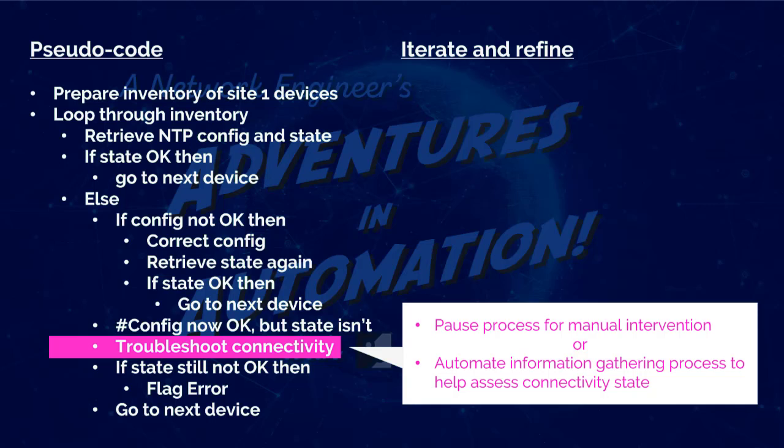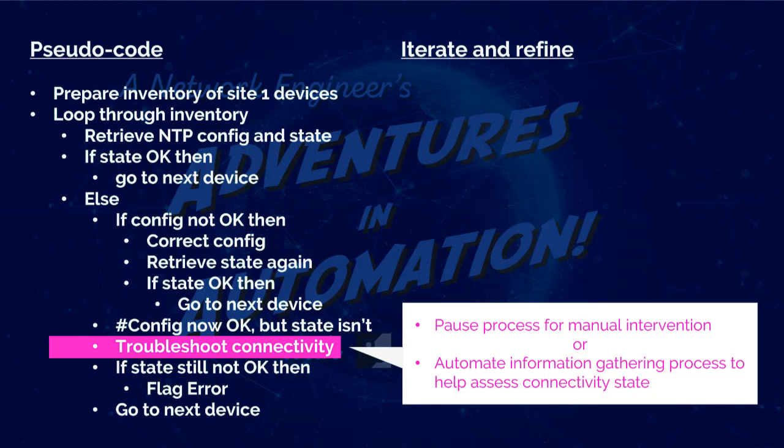This is the bit where it gets a little bit grayer, because from an automation point of view, how do you go through a troubleshooting process? Well, typically you'll do one or two things here. You'll stop and you'll pass that information out to a manual process to go and do it, or you gather a load more information and try and point the engineer in the right direction in order to fix the issue.